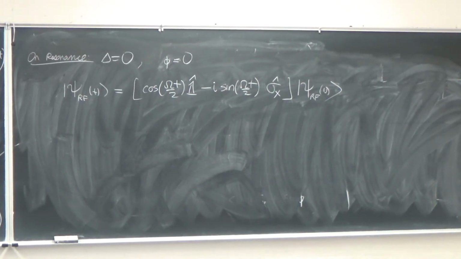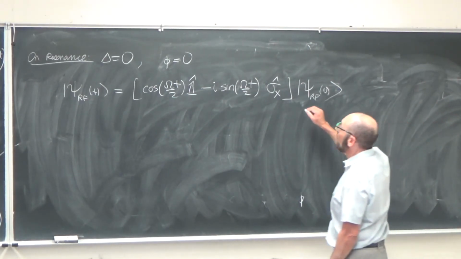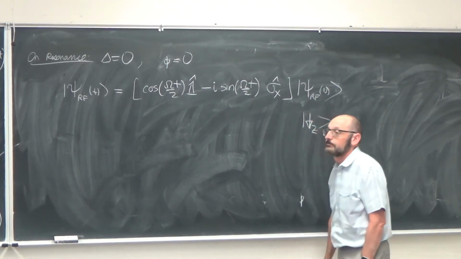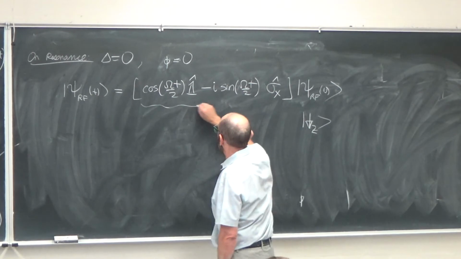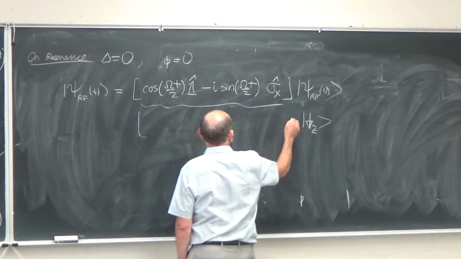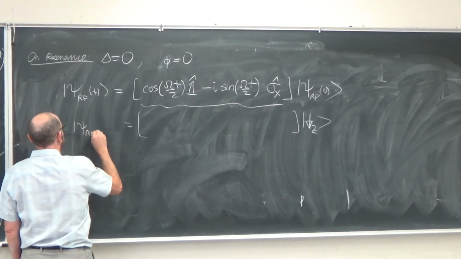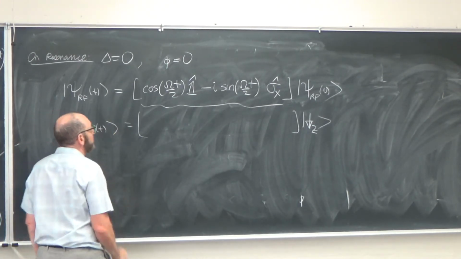So let's say that at time t equals 0, I started spin down along Z. What do I get?